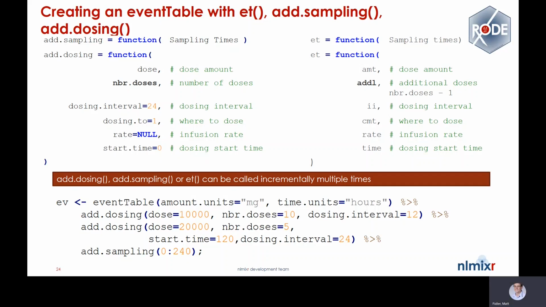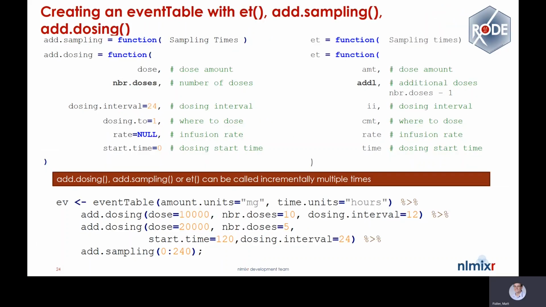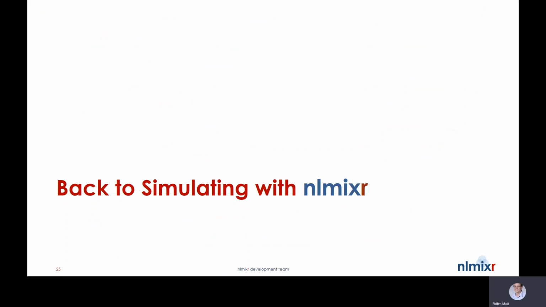The compartment is where this doses to, then infusion rate, and the starting time. In the code below, we created an event table where we have 10 BID doses of 10,000 milligrams, and 20,000 milligram events you're studying for 5 doses that are 24 hours apart.